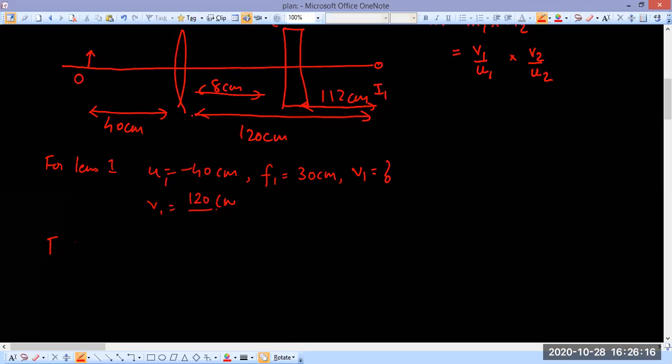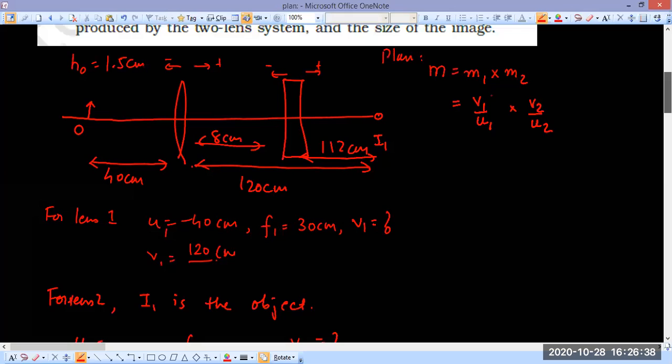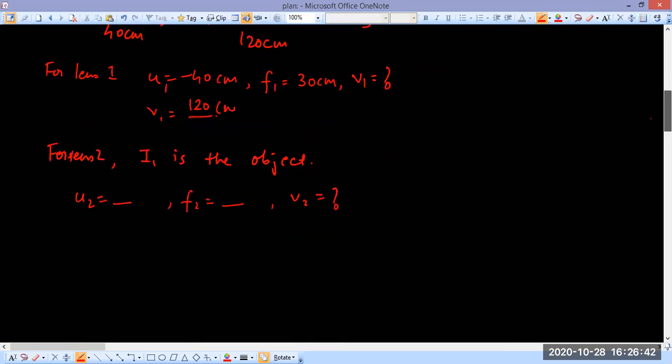For lens 2, I1 is the object, બરાબર. પછી U2 equal to, F2 equal to અને V2 equal to unknown. આ બધું જાતે કરી લો ચલો. અને પછી ફાઇનલી આટલા સ્ટેપ્સ લખી નાખજો ને આન્સર આવી જશે, બરાબર ને? Hurry up, come on.